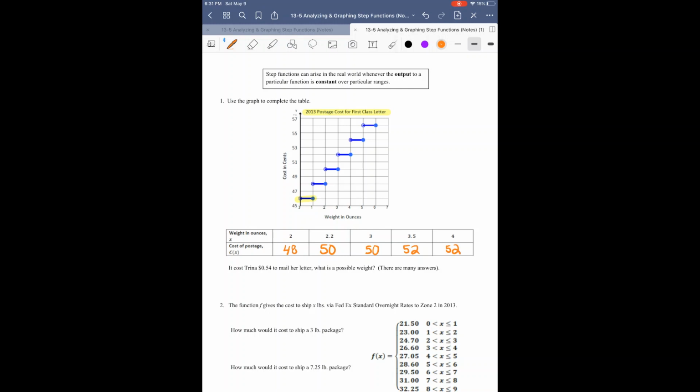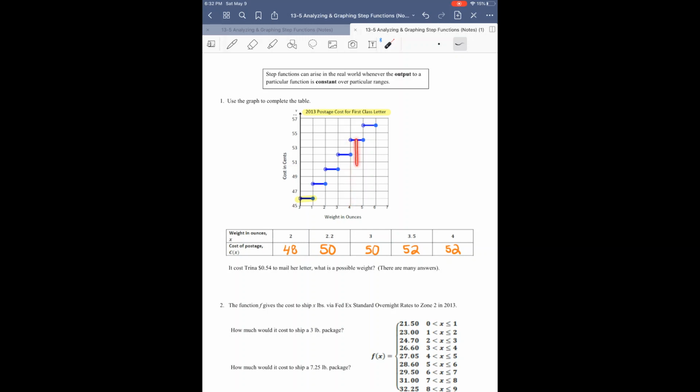If it costs Trina 54 cents to mail her letter, what is a possible weight? So let's check out the cost in cents. If the cost is 54 cents, what are some of the possible weights? So we're going to look at this interval right here. Okay, so because we have an open circle here, it cannot be equal to 4 ounces. It has to be a number that's greater than 4 ounces. So for example, we can have 4.1 ounces.